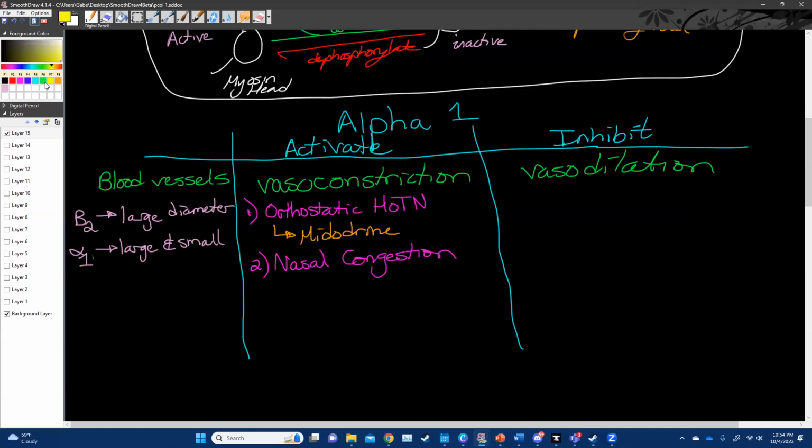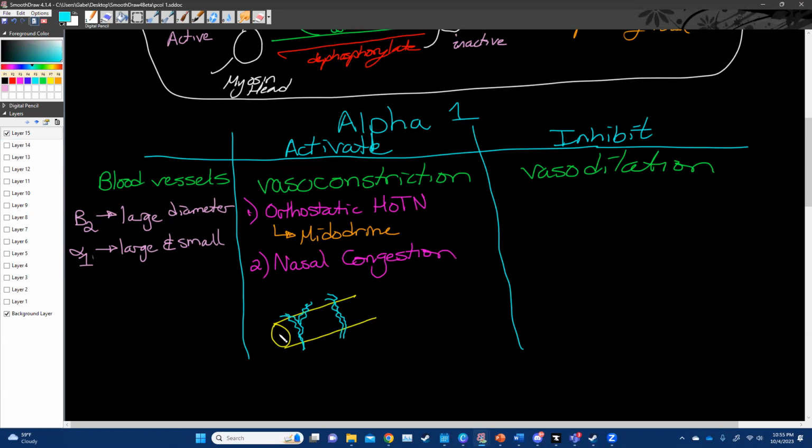Inside the nose, you have your nasal passageway, and the nasal passageway is surrounded by blood vessels. And so what can happen when you get sick or have allergies, different stuff like that, is that the blood vessels can get very, very wide.